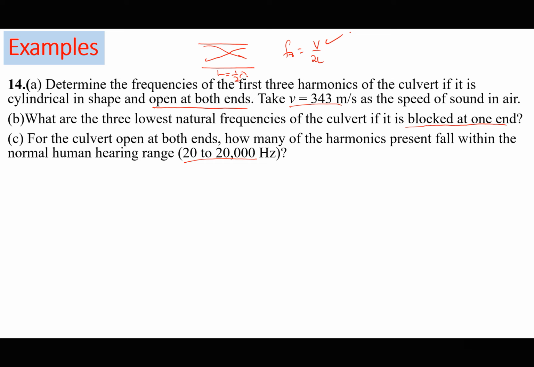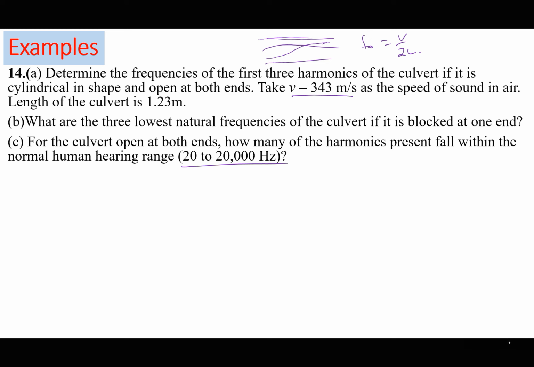Did I give the length here? Okay, so we're going to assume that the length of the culvert is 1.23 meters. So we just substitute in this equation. V is 343 over 2 times L, which is 1.23. That gives us the fundamental frequency, which from my calculator is about 140 hertz to two significant figures.